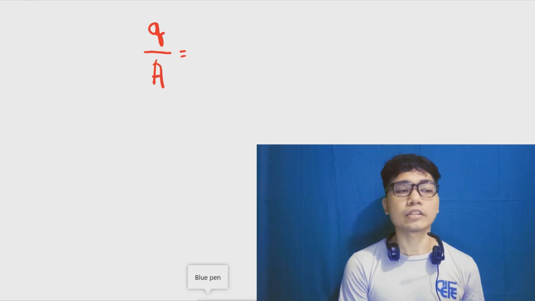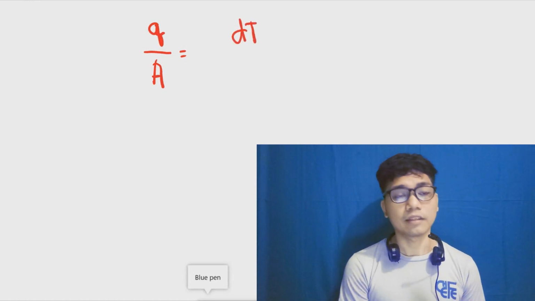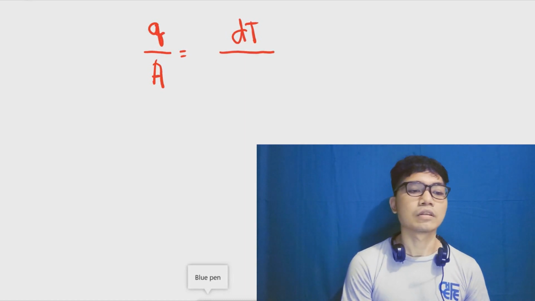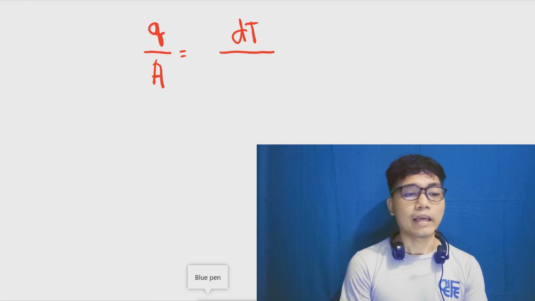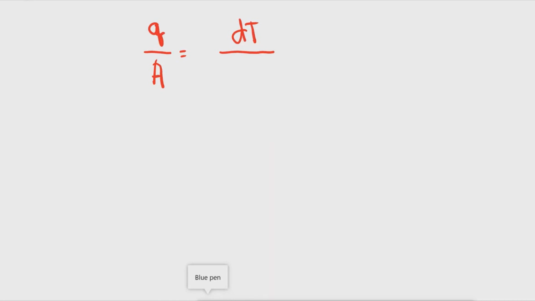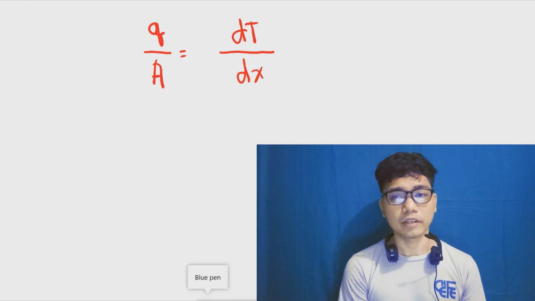In a differential equation, we can represent this as dT instead of using delta T, since we already have a background in differential equations. So let's just use dT. And then, along the line of the area where heat is transferred, we have a difference in length, which we will call dx. Okay? So how can we imagine this in a material?